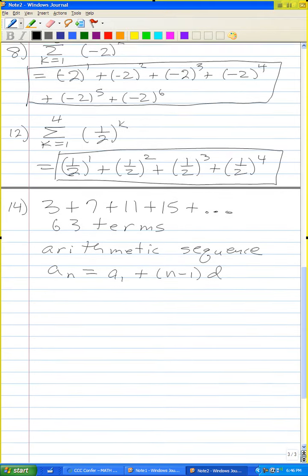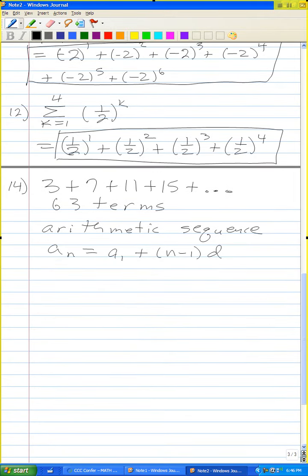And so I can characterize the nth term as, well, the first term is 3. The common difference, well, notice I keep adding 4 to get to the next term. So let me multiply 4 inside the parentheses. And so using the distributive property, I have a sub n is equal to 3 plus 4n minus 4, which is equal to 4n minus 1.